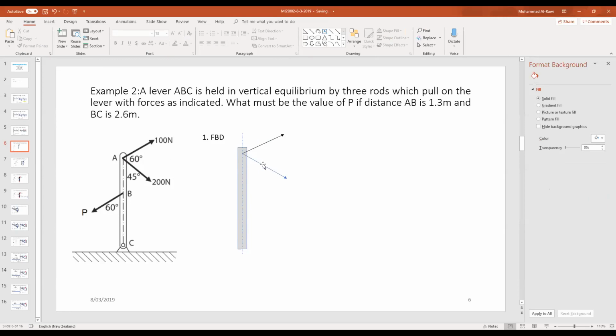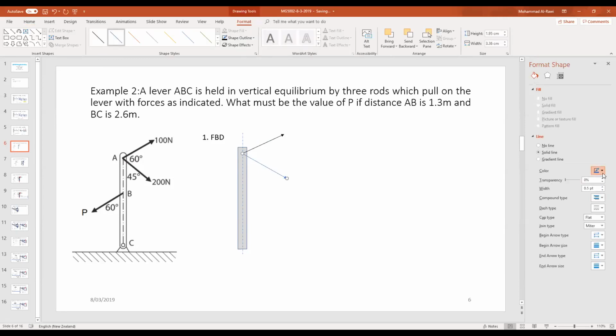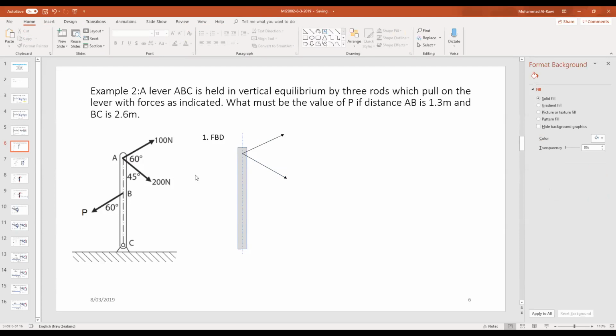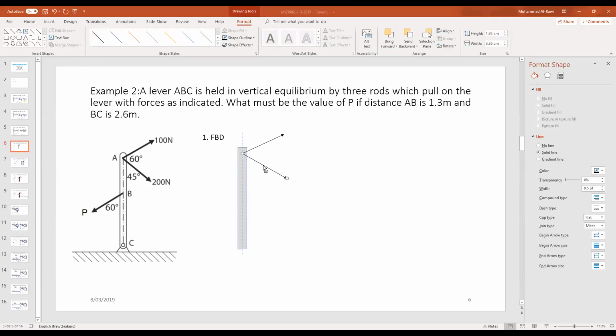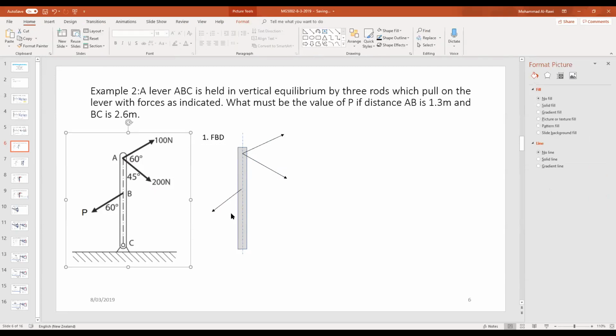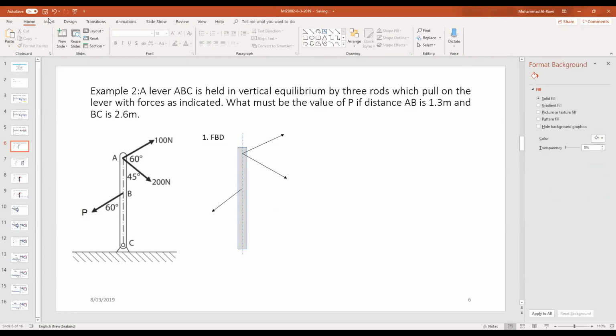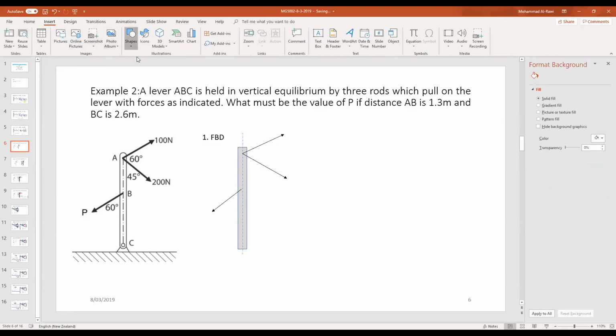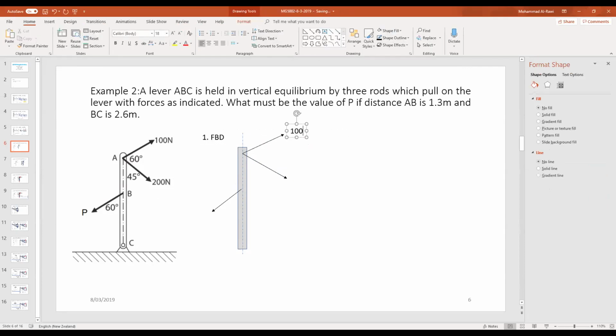Now we have another force. Let's change the color of this force so we don't confuse ourselves. Just copy this line, change it here. I'm bringing this force to this point and making it that way. Now I need to put the values as part of my free body diagram. So this one is 100 newtons.